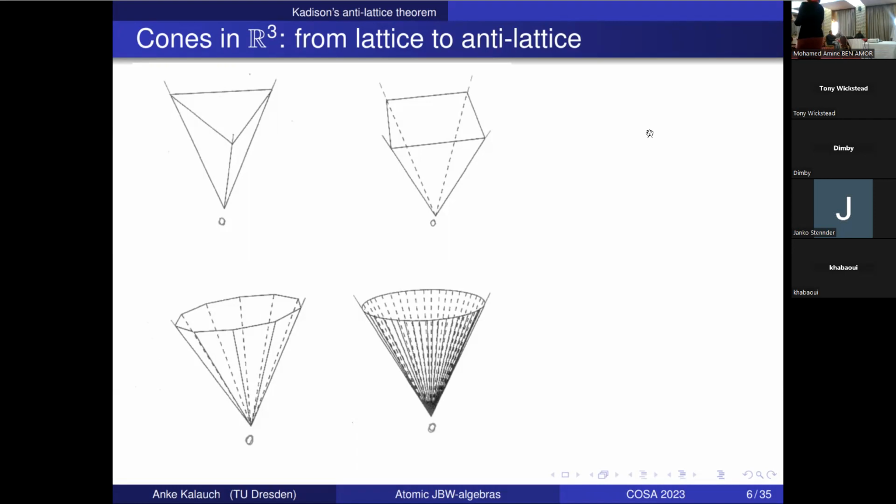When you have 4 or more extreme rays, you're out of the lattice theory, and you end up in the ice cream cone, the circular cone, which is an anti-lattice. So there are no elements that have suprema. And so the world of partially ordered vector spaces is much bigger than the lattice world.